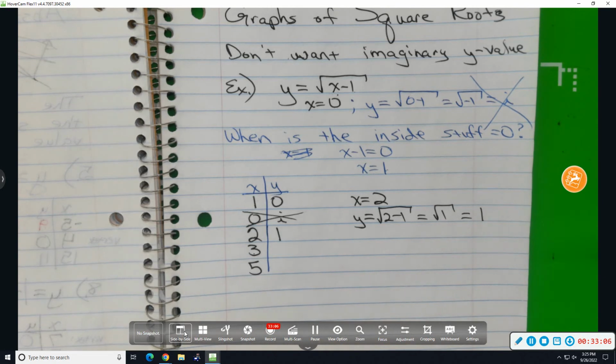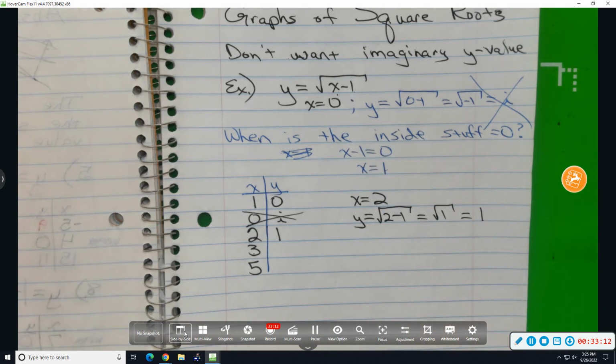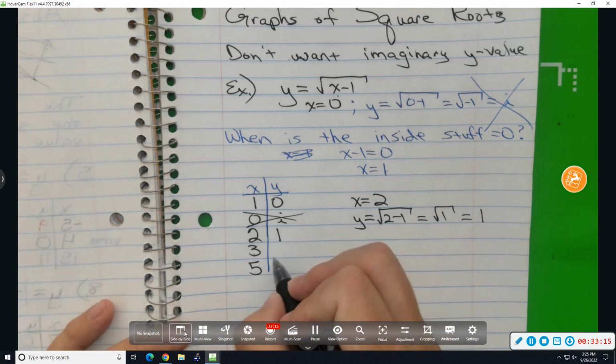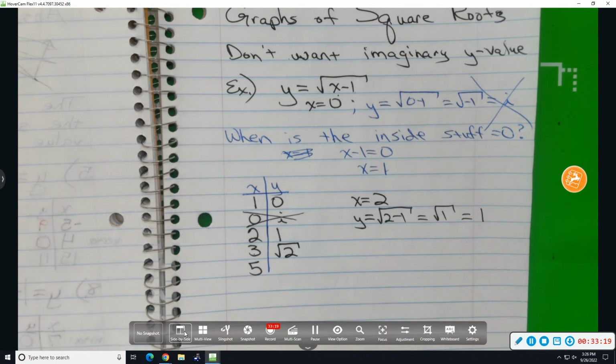What will we get when we plug in 3? 3 minus 1 is 2. We get the square root of 2. That's about a 1.4, okay? But it can't be reduced, though you can use a calculator and get a decimal approximation. But I think I'll just leave it like that.